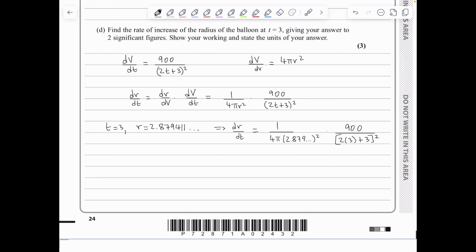If we plug this on the calculator, we get an answer of 0.1066..., which correct to two significant figures is 0.11, and it's centimeters per second. Because it's dr/dt, the radius is measured in centimeters, the time in seconds, so the rate of change of the radius with respect to time is centimeters per second.